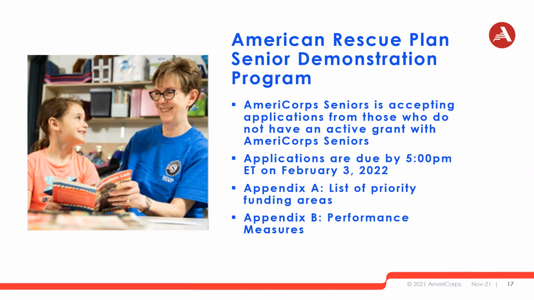And so what we wanted to do is introduce the AmeriCorps Seniors American Rescue Plan senior demonstration competition. Some key points, and these will be gone over in greater detail tomorrow.